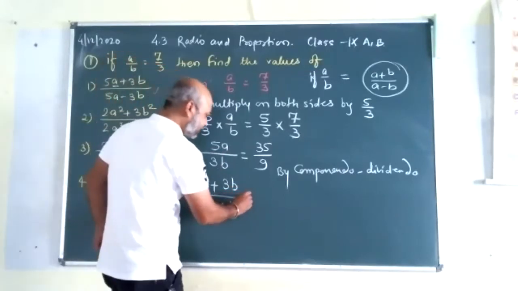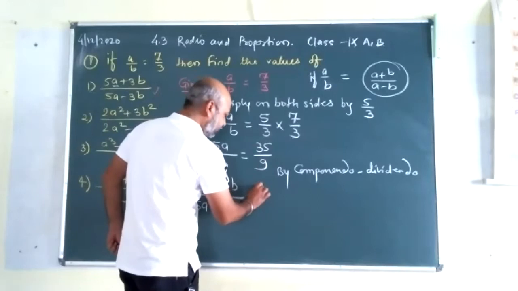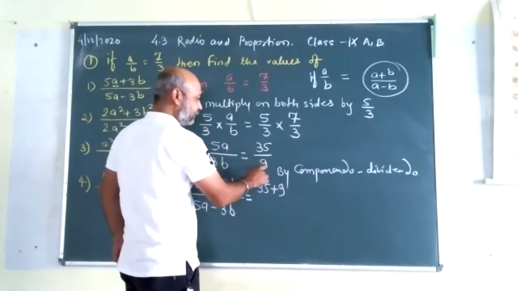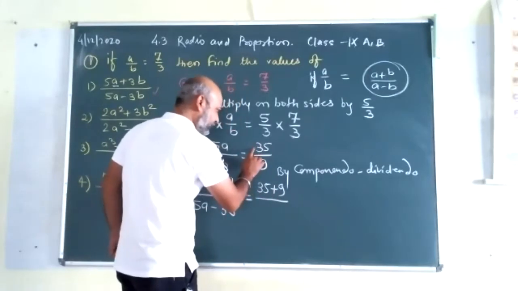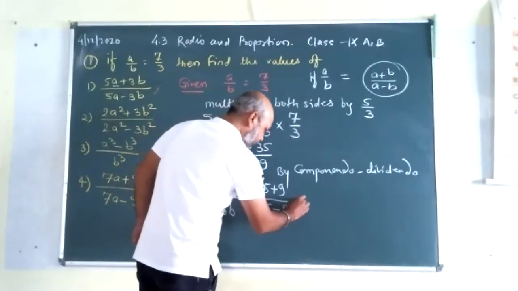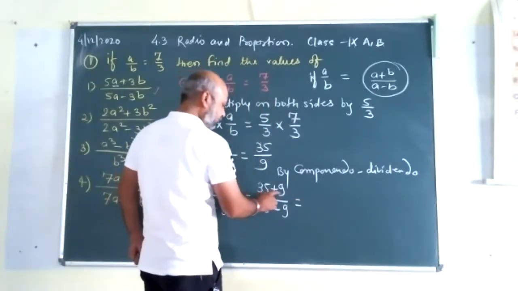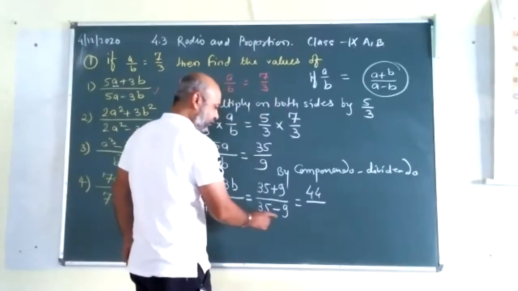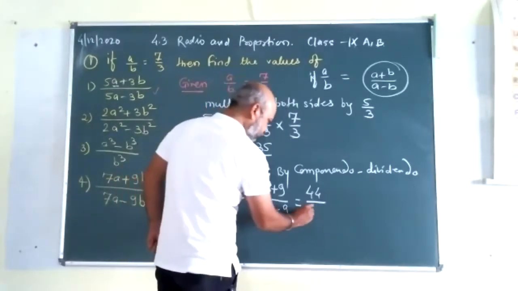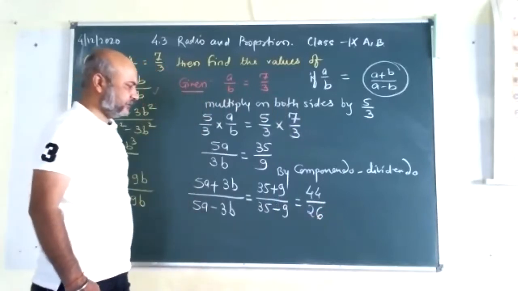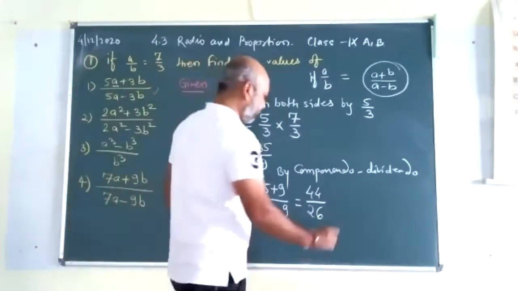And similarly, on the right hand side, you write 35 plus 9 and divided by 35 minus 9. So this will be 44 divided by 26.